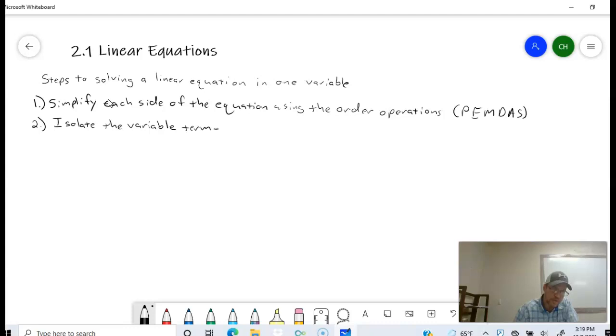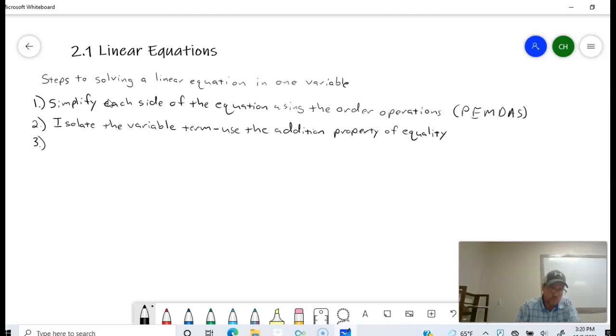The way we're going to do that is we're going to use the addition property of equality. So basically we're going to add or subtract the constant to one side of the equation. We're going to add or subtract the variable terms to the other side of the equation using the fact that we can do that to both sides and it's still the same, the addition property of equality.